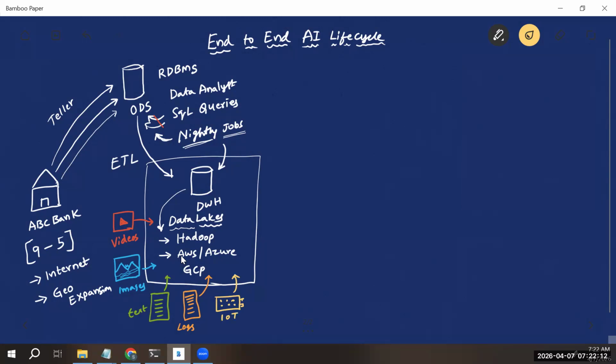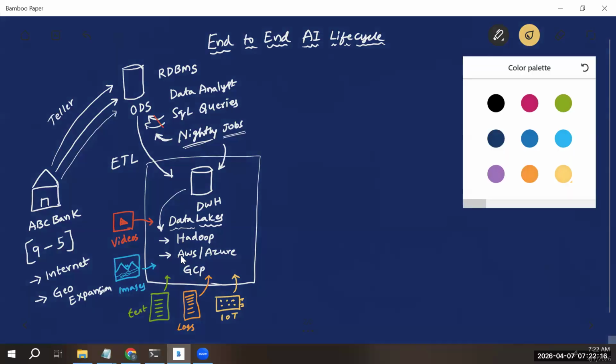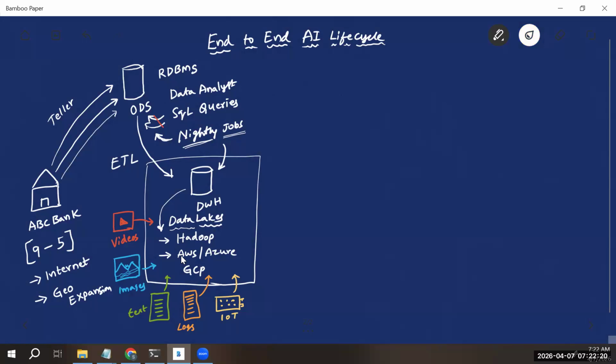So the data which was getting stored was no longer in a structured format. We were now able to store images, videos, text data, log data, and sensor data coming from different sources, which is structured, semi-structured, and unstructured. And that created a good amount of jobs.